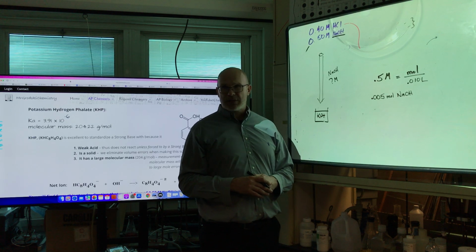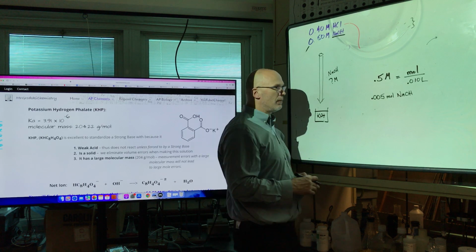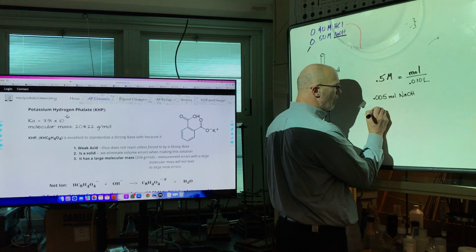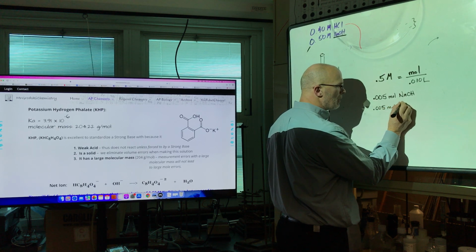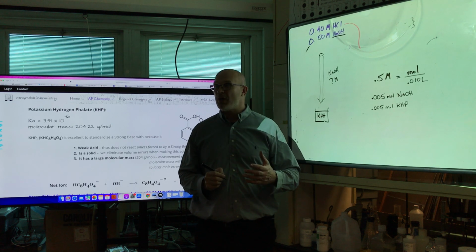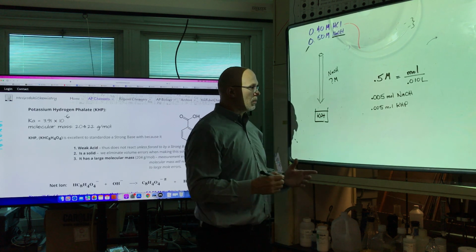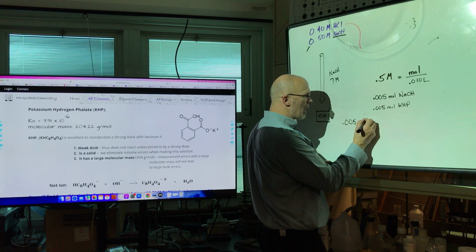Now, check it out. Doesn't that have to equal the KHP at equivalence? So we need approximately what? 0.005 moles of what? KHP. Here's the cool part. All we got to do is find the grams of that. So we take 0.005 mole of KHP.